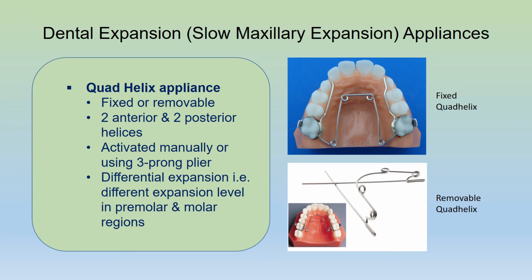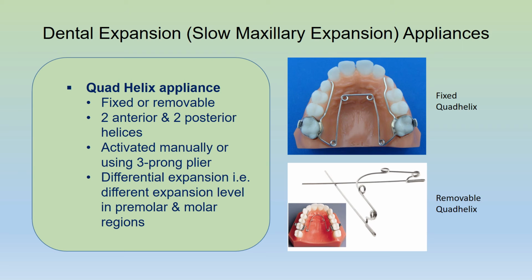Now a quad helix appliance can also be used. It can be either fixed or removable. The fixed quad helix appliance is soldered to the bands on the first molars, whereas the removable quad helix is removable because it is not soldered but is inserted into a sheath on the lingual side of the molar bands.